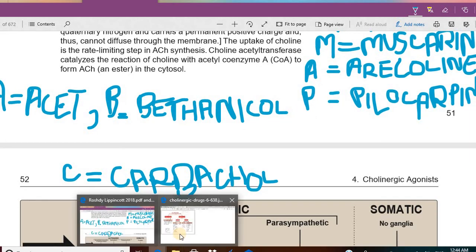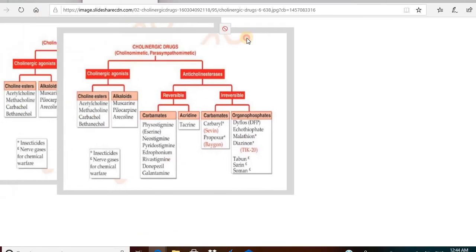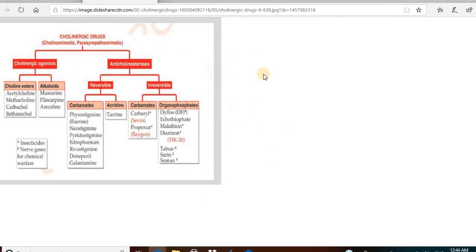I will show you the flowchart. You can see here, this is the flowchart of cholinergic drugs. Here you can see choline, parasympathetic. There are two classifications. Number one, cholinergic agonists. Number two, anticholinesterases. Anticholinesterases are those which inhibit the enzyme. When the enzyme is inhibited, acetylcholine will not be degraded, acetylcholine will be in greater amount and the effect will also be greater.